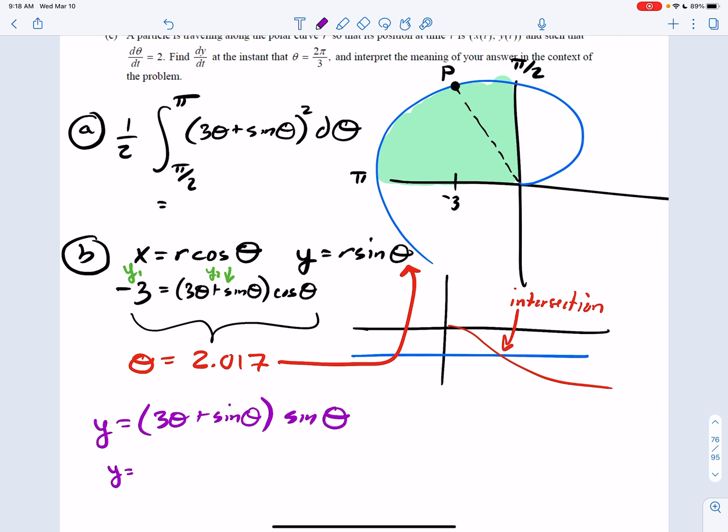Now, since 2.017 is the final answer for theta, I want to make sure that I don't use the rounded answer. You know what? I'm going to try it.